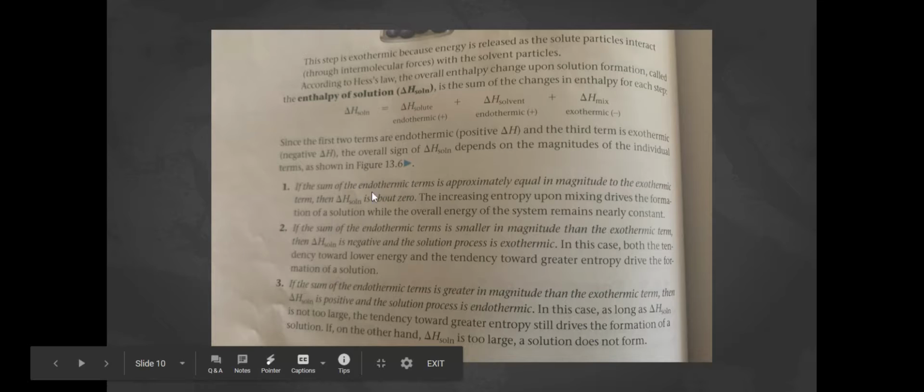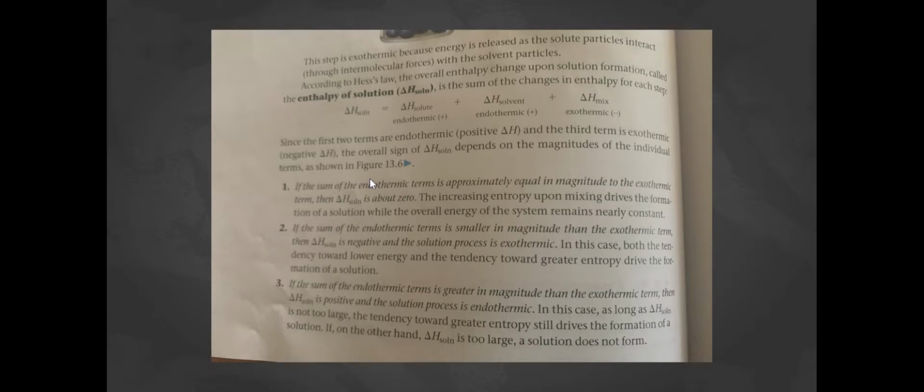Okay, so there are 3 possible scenarios. If the sum of the endothermic is about equal to the sum of the exothermic, so breaking them apart and making new bonds, if these are equal amounts, then delta H is about 0. The increasing entropy upon mixing is what's going to drive that reaction. So we talked about entropy being disorder or the amount of different arrangements that you can have, and that will drive mixing if the heat doesn't.